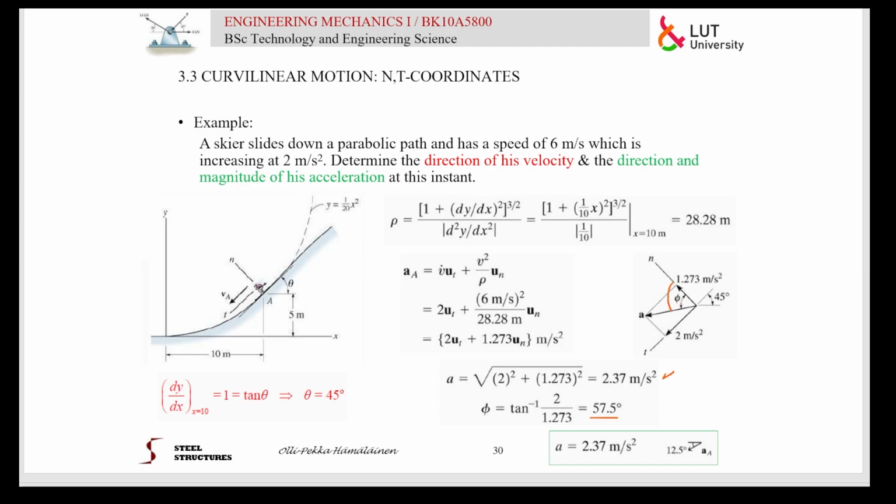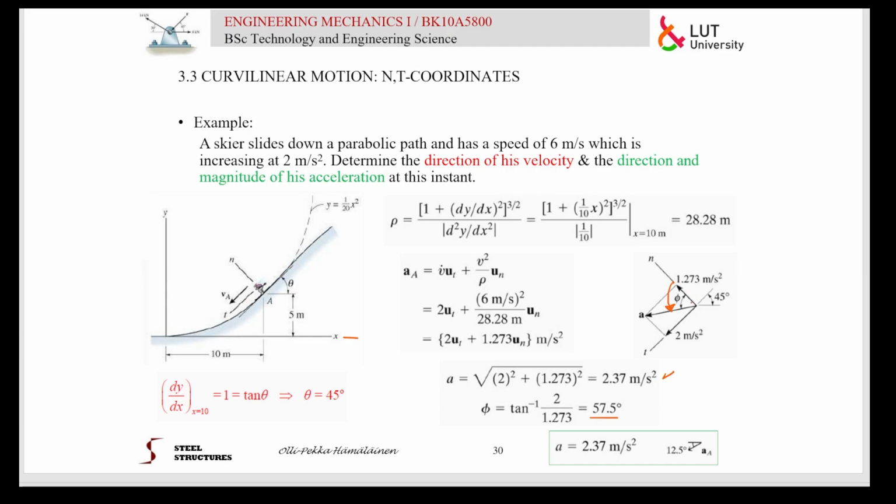That's why it's giving me this phi here. It's giving me this 57.5 because it's calculating, starting from this point to this point here. But what's the real orientation of the acceleration vector with respect to my horizontal axis, which is x?